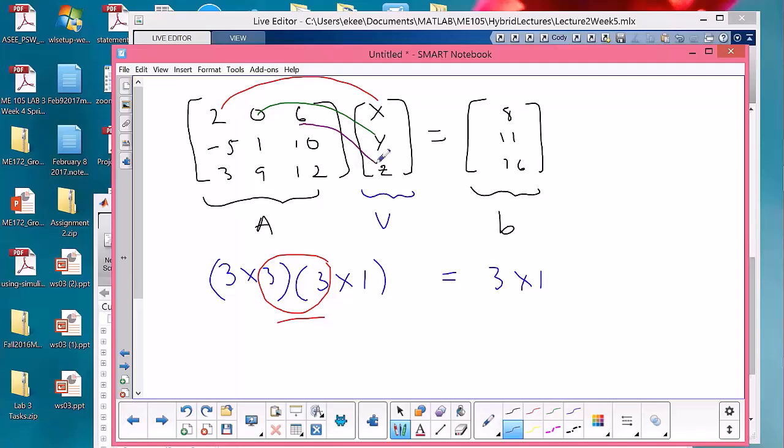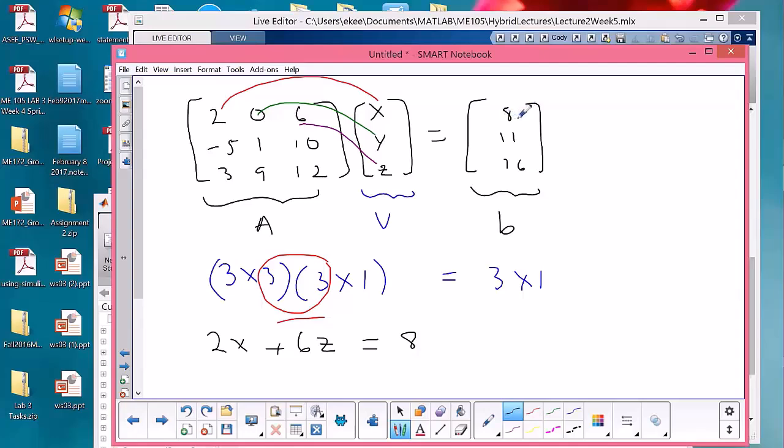That's why they have to conform; these two have to collapse. So now, if I write the equation, I should get 2x. I did not have any y. And I have plus 6z, which must equal 8. So when I multiply 2 times x, 0 times y, 6 times z, my result should be that one.